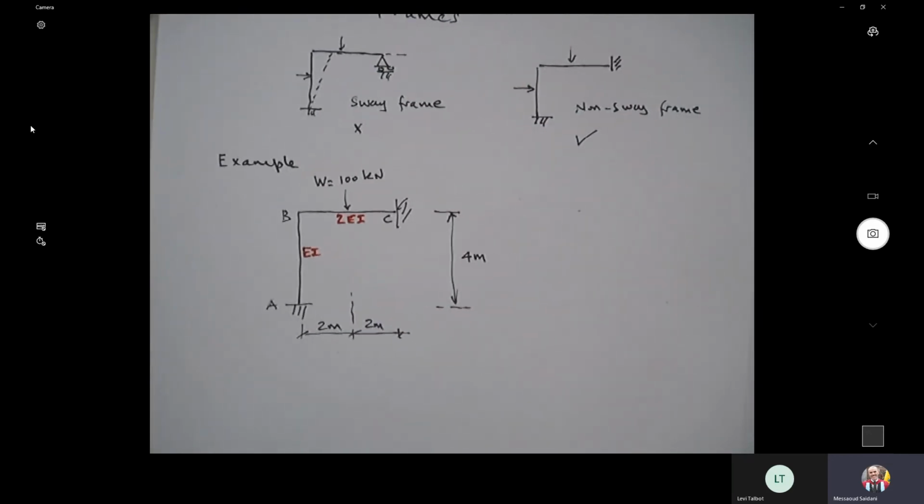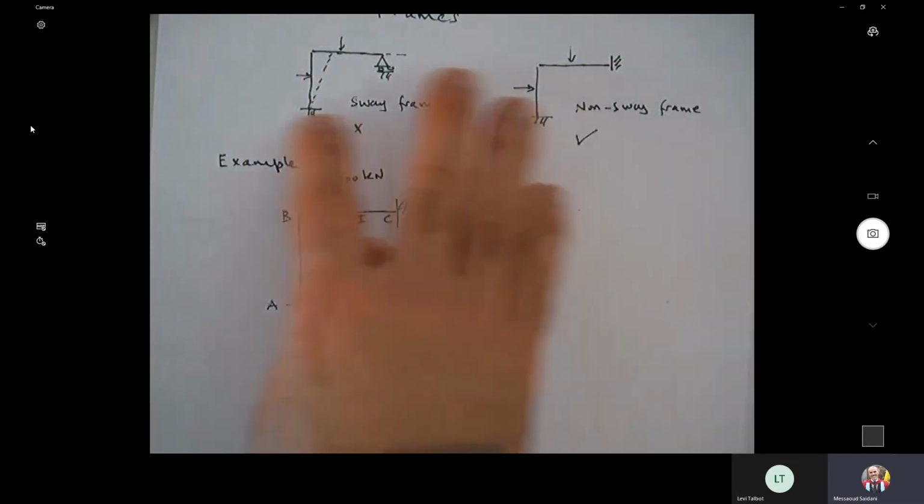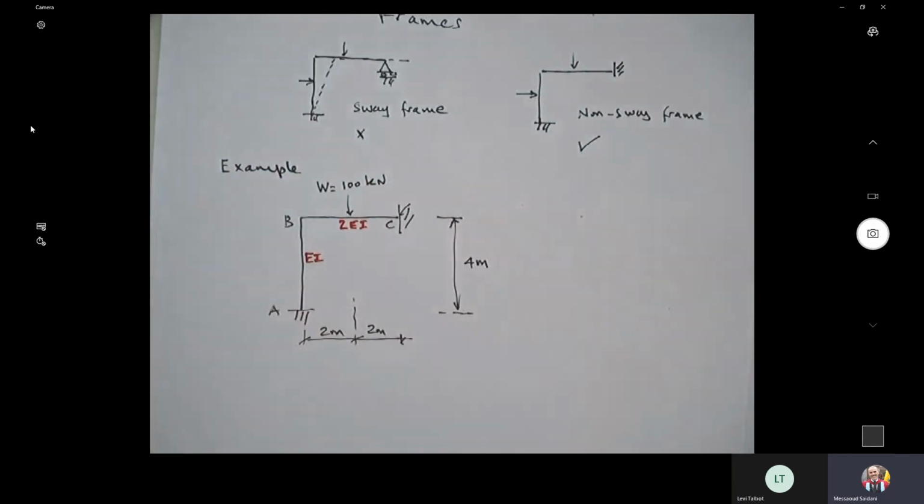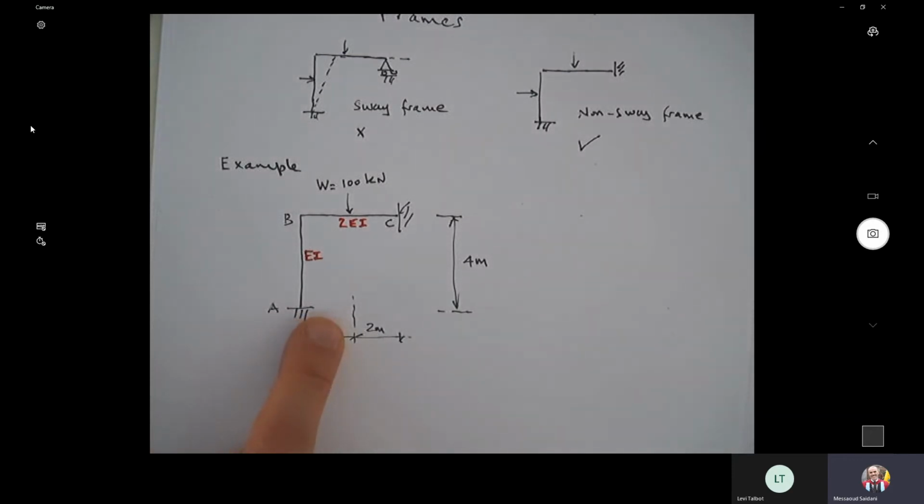So, how do we analyze this frame using moment distribution? That's the question. We want to draw the bending moment diagram for this frame using moment distribution. Now, as I said a minute ago, the analysis is the same as that for a continuous beam.